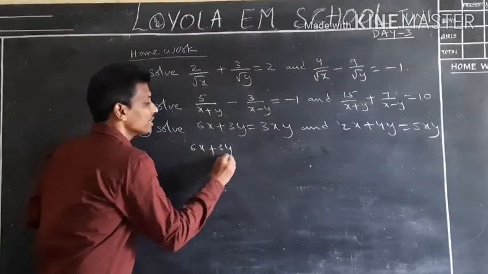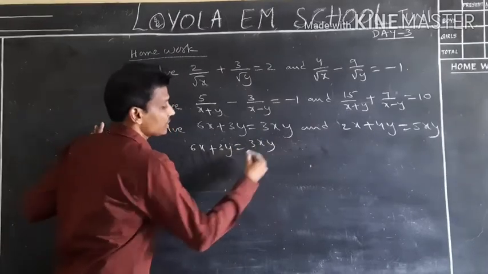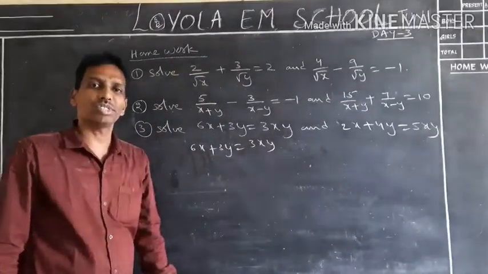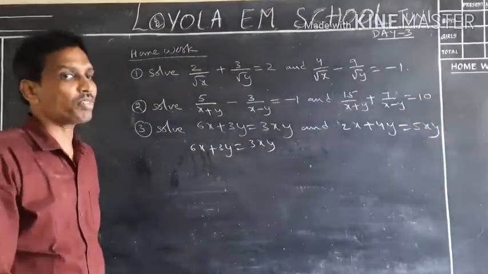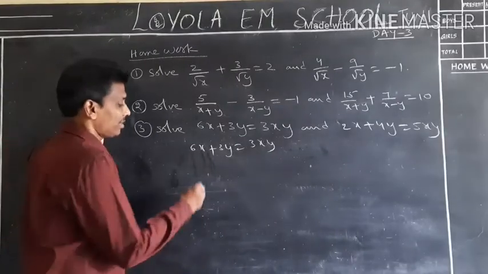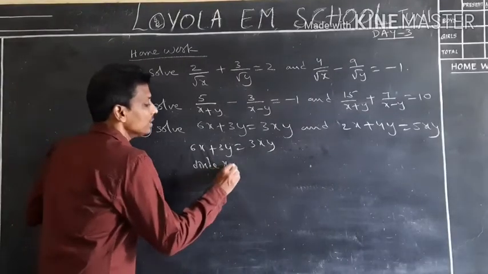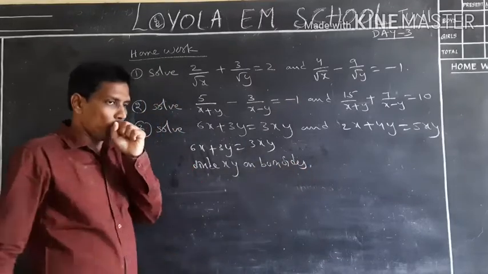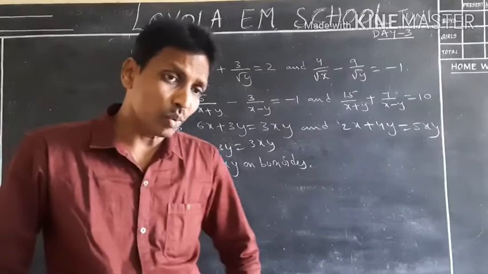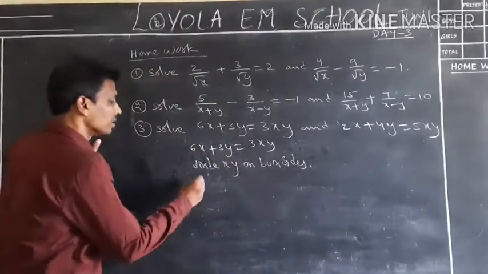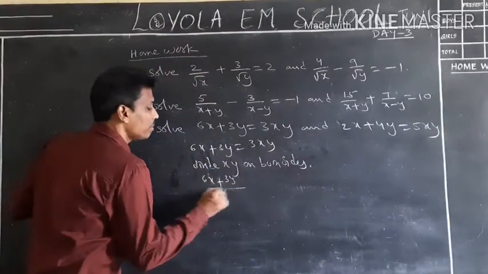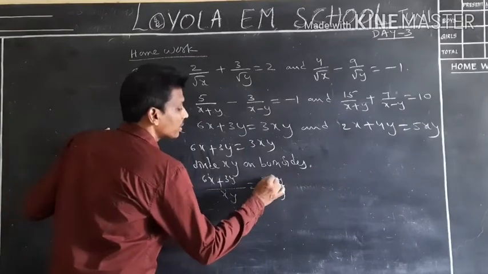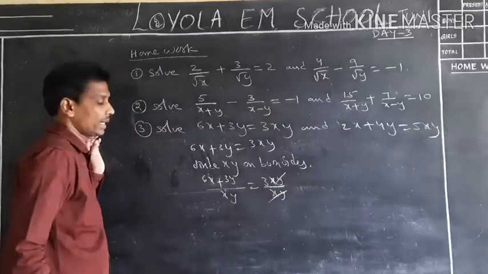6x plus 3y is equal to 3xy. So how can we get equations like the above? These are somewhat different equations. Nothing is there, divide by xy on both sides. 6x plus 3y by xy is equal to 3xy by xy. xy will be cancelled.